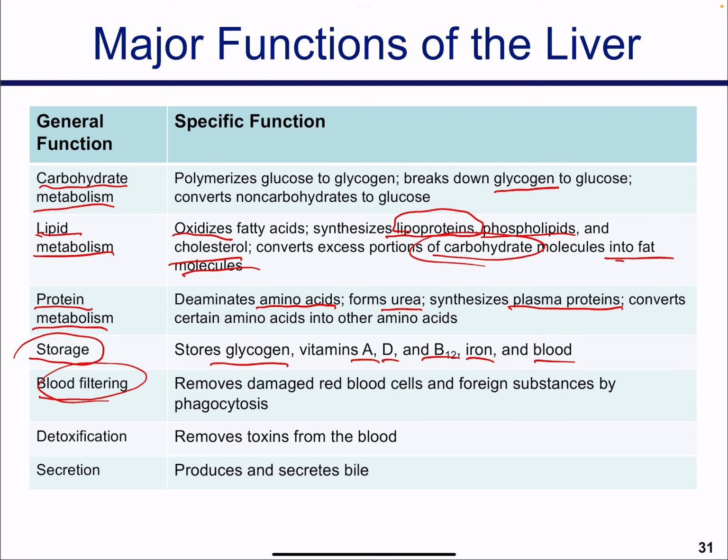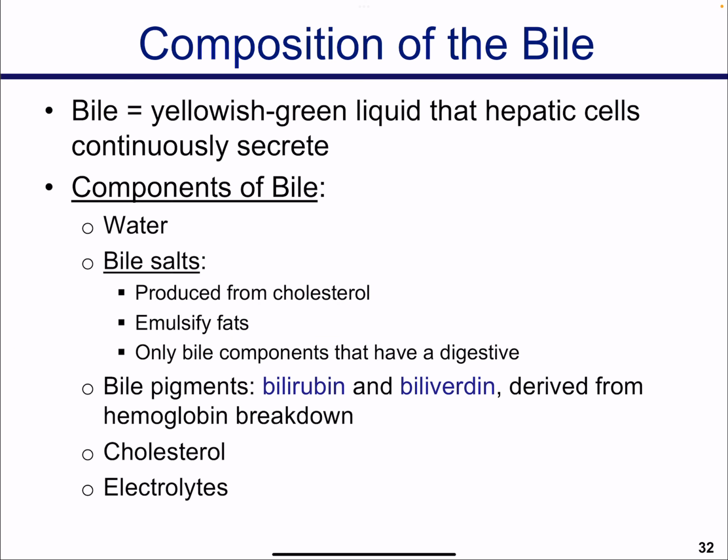And it is also going to be able to do detoxification, right? All the drugs that we take, say when you are sick and you are prescribed a drug, the liver is the one that does much of the detoxification that occurs in your system, okay? Detoxification. And also, it plays a role of secretion. Specifically, it's going to synthesize bile salt, right? And store this bile salt in the gallbladder.